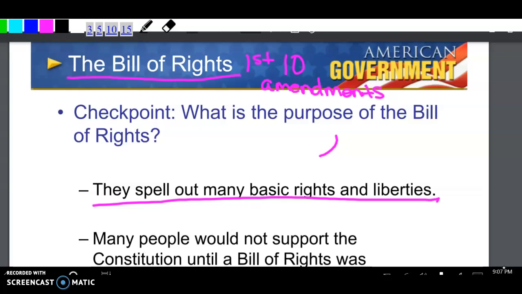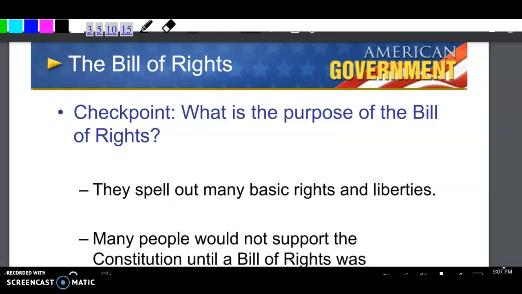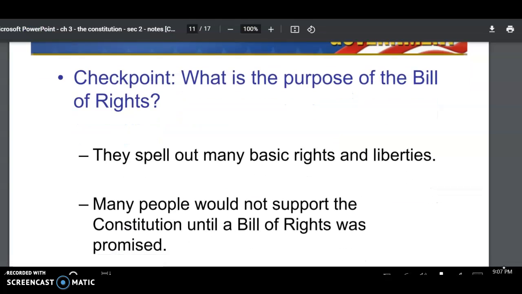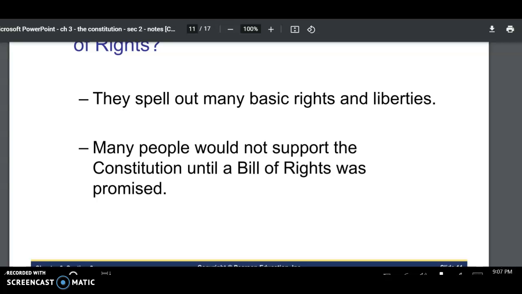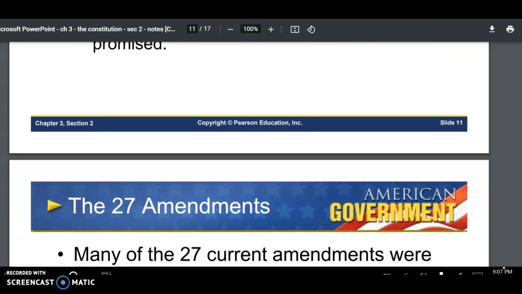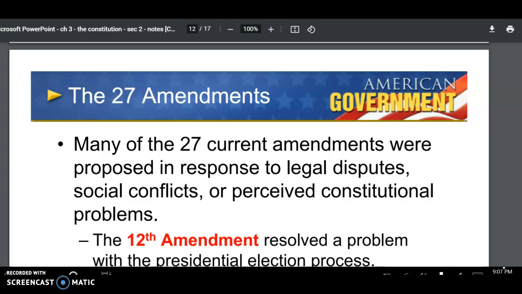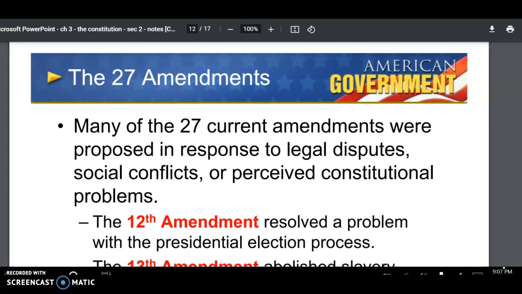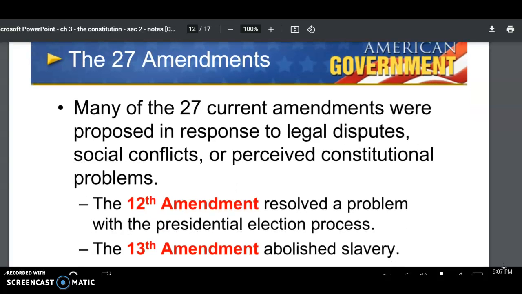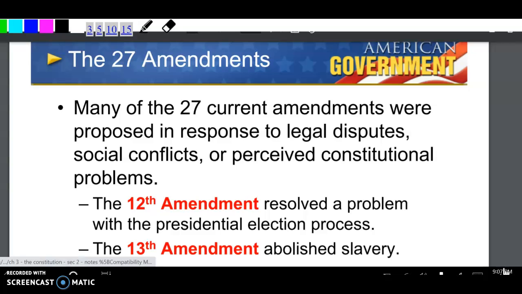Remember back in our last section, many people would not ratify or support the Constitution if the Bill of Rights was not there. So they promised to include a Bill of Rights, and that was the first 10 amendments to the Constitution. So currently, as of today, there have been 27 amendments. So that's your next heading, the 27 amendments.